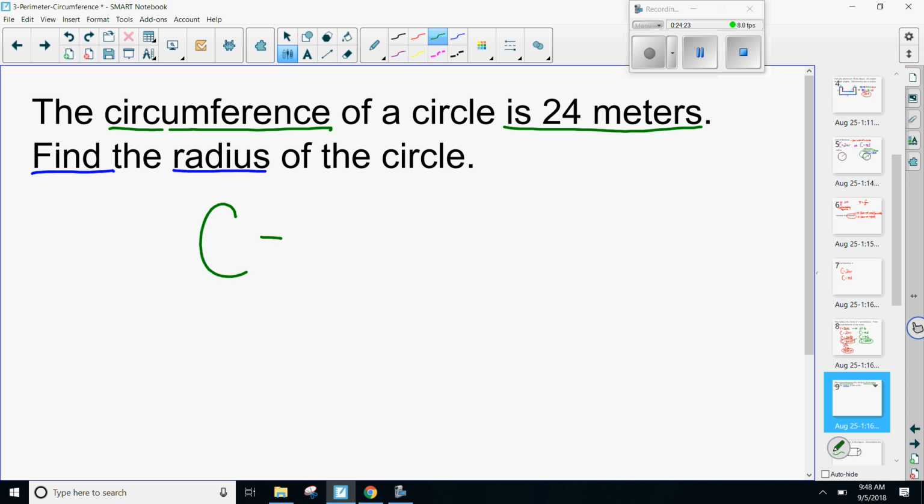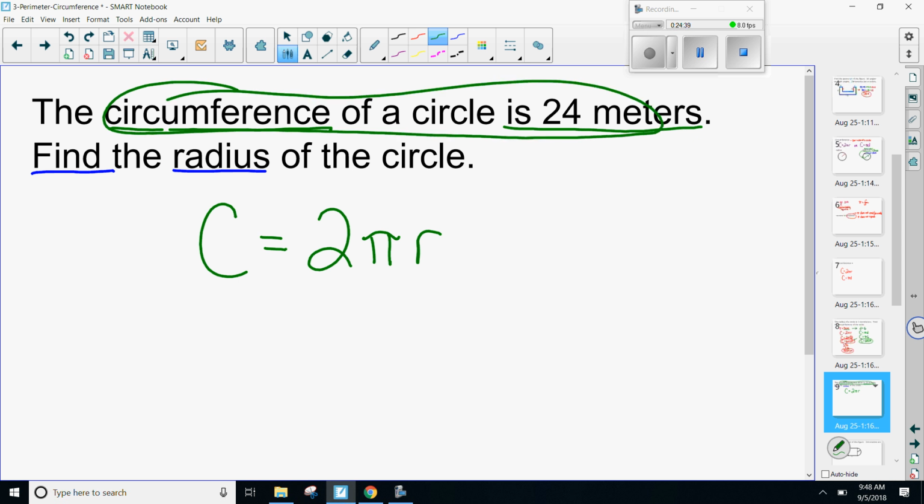Circumference is equal to 2 pi r. What information do we know? What did they tell you in the problem? This right here. The circumference is 24. Where does that go in this formula right here? In front of the equal sign. That's my C value. My circumference is 24.